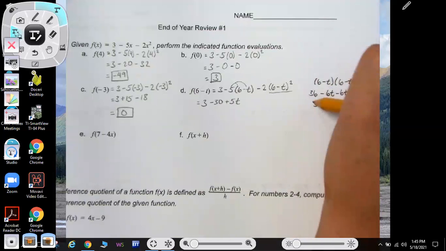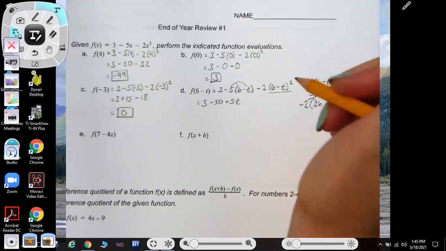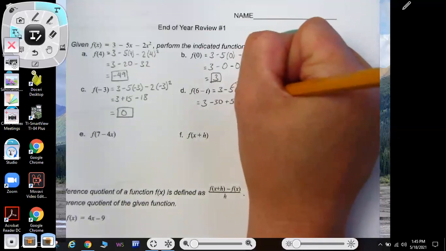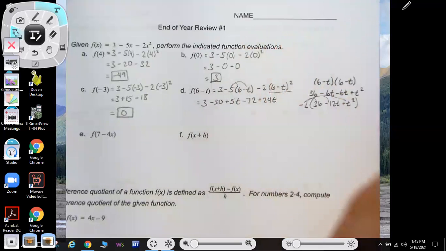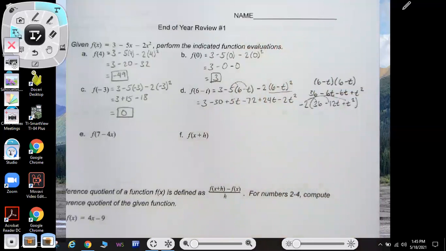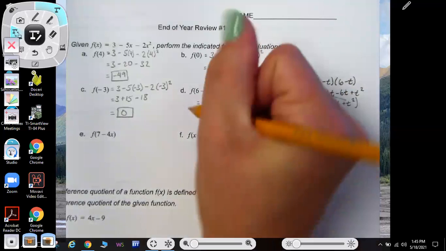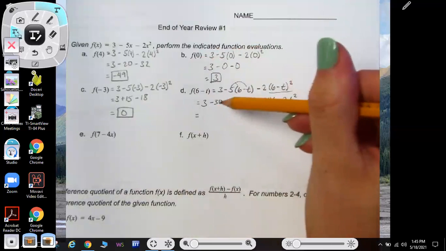So this is what we're distributing that negative 2 to. So if we do that, we distribute the negative 2 to all three terms. We get negative 72 plus 24t minus 2t squared. All right, all that's left to do is to combine like terms, and we like to start with the highest exponent.